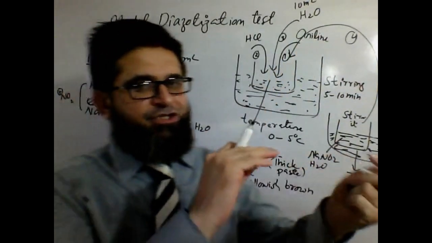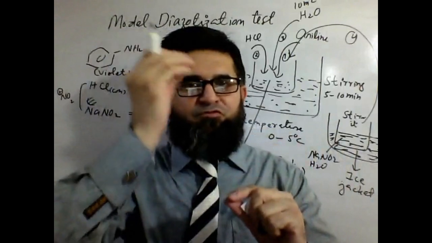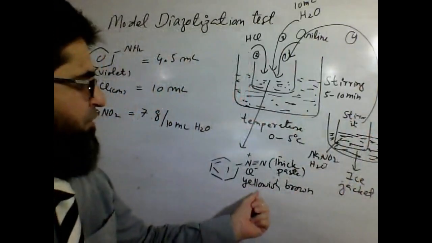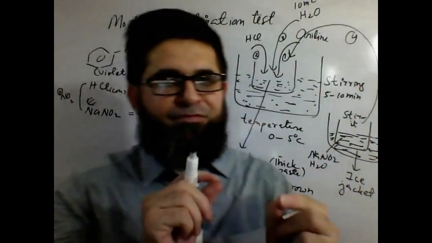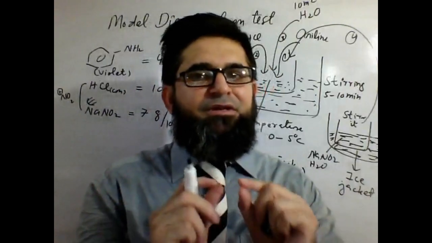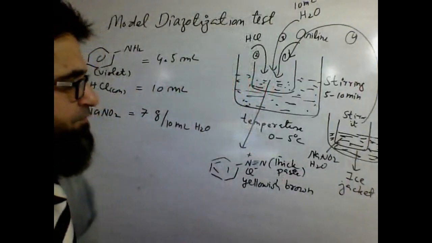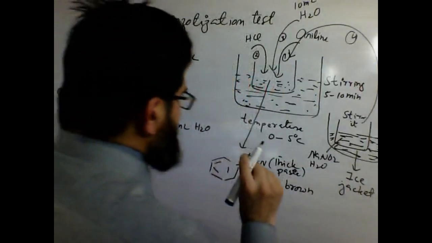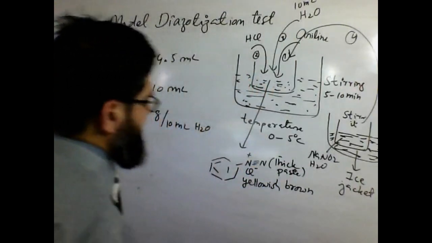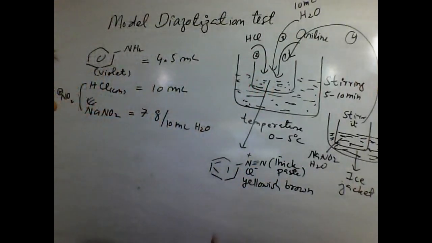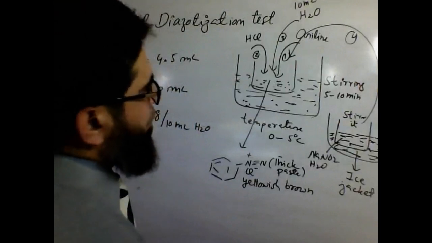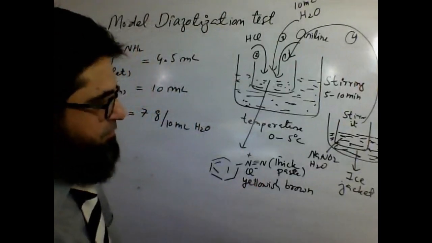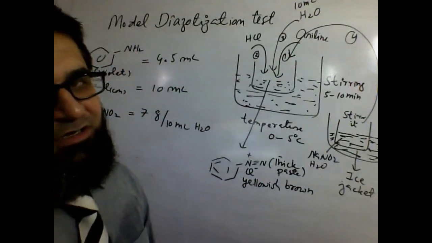The change in color from violet to yellowish brown suggests something has happened in the beaker, meaning the diazotization has been performed on the aniline's amine group. So this is the product. Now the diazonium salt has been generated inside the beaker.